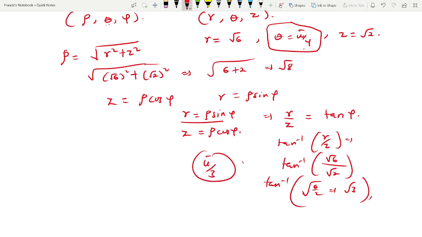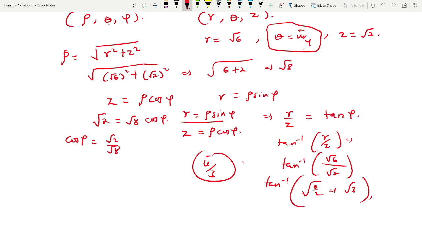Okay, 60 degrees. And let's see. Here z, root of 2, is equal to rho, which is what? We had root of 8, is that not it? Cos phi. So let's see, I'm going to have cos phi is equal to root of 2 on root of 8.